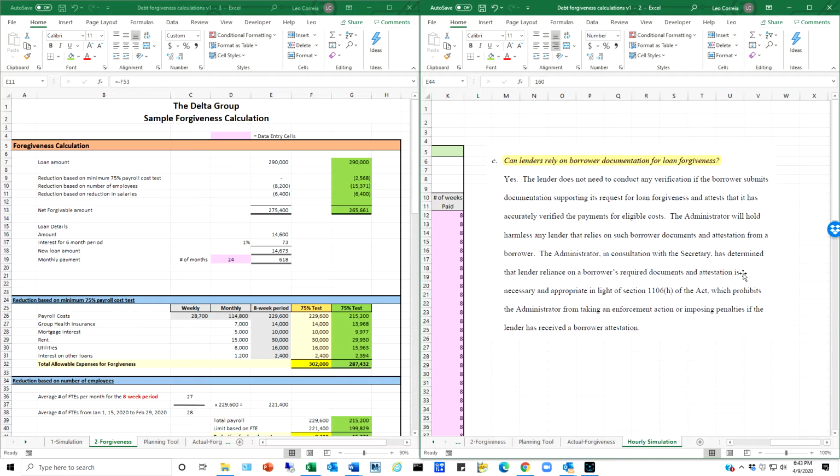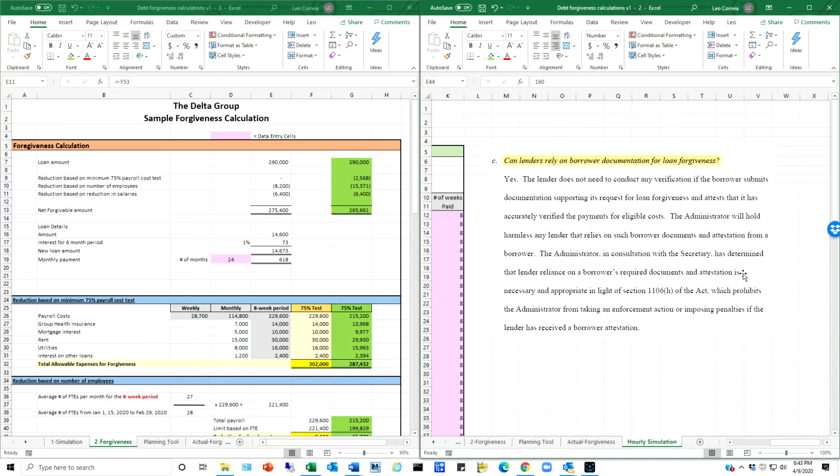The administrator, meaning the SBA, will hold harmless any lender that relies on the borrower's documentation, which is really different because usually any documentation that's submitted for a loan usually requires some verification by the lender to verify either the numbers or whatever the documentation happens to be. This is an exact reverse situation.